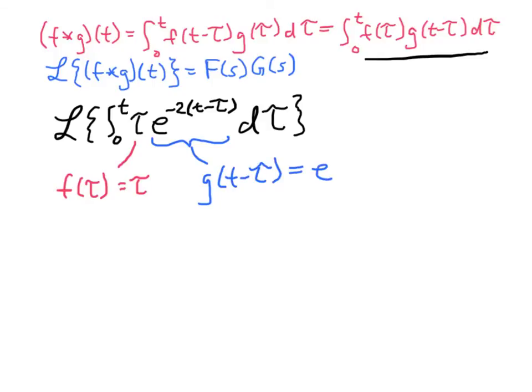So again, replacing t minus tau with t, we find that g of t is e to the minus 2t.